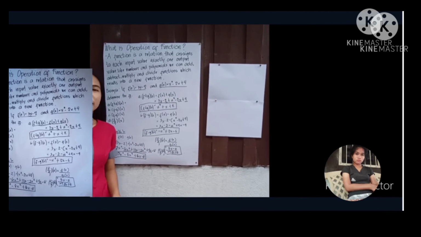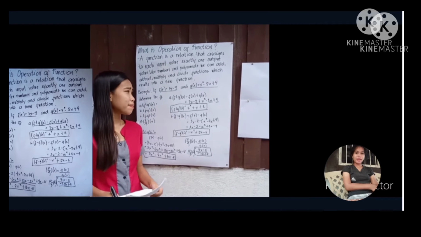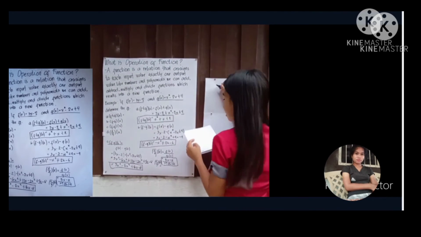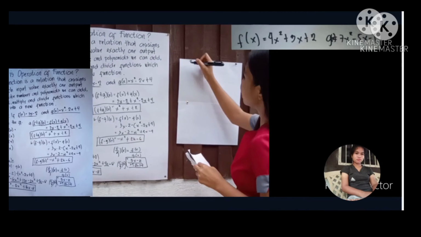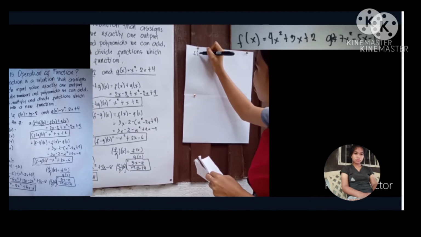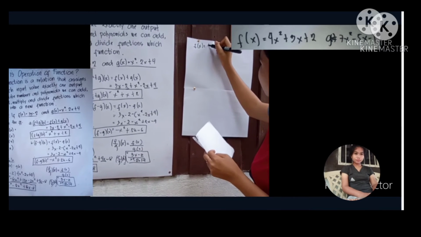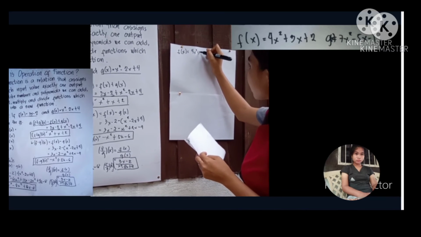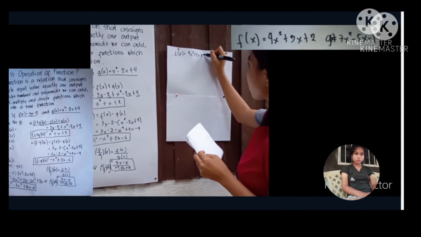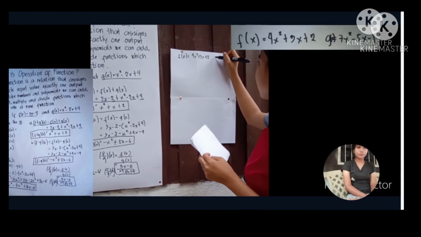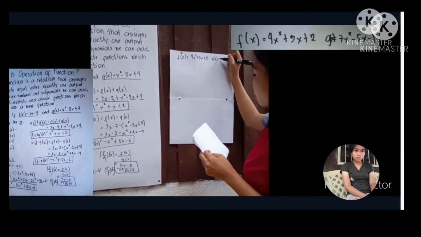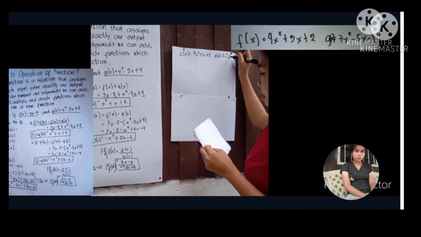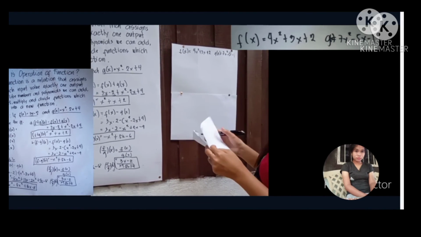Okay, did you get it? Did you understand? So that you will understand more, here is another example. Given the functions f of x is equal to 4x squared plus 3x plus 2 and g of x is equal to 7x squared minus 5x minus 1.